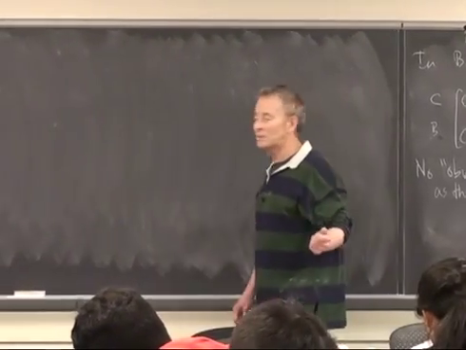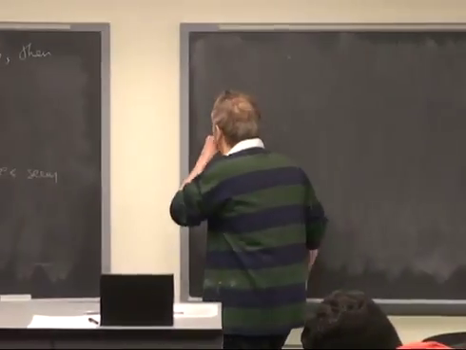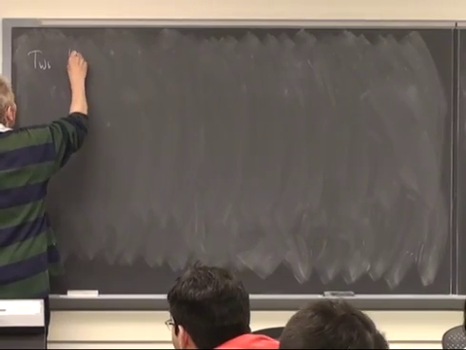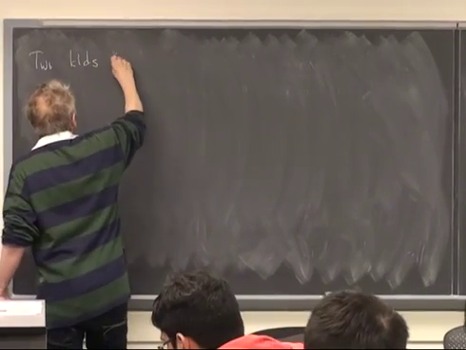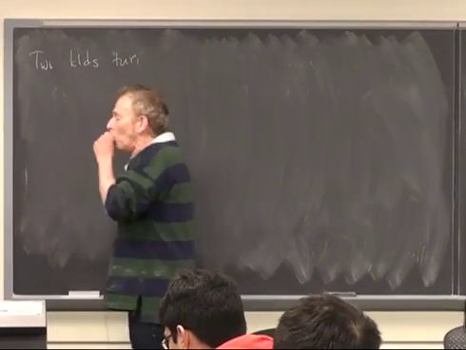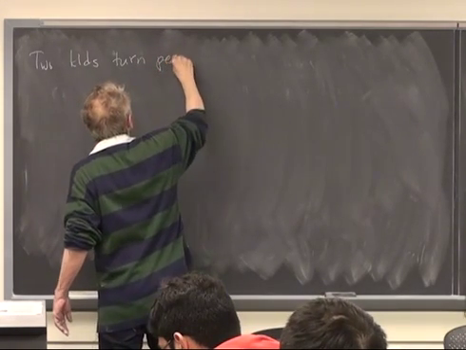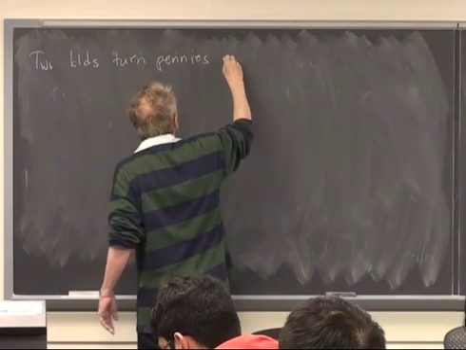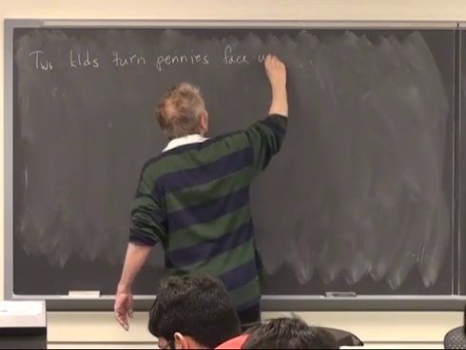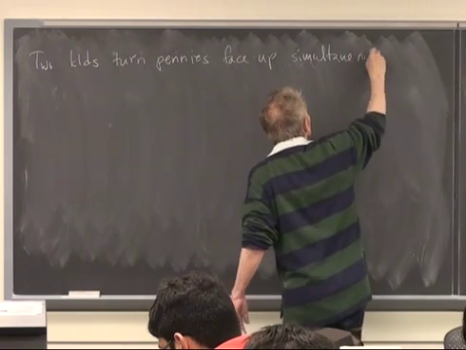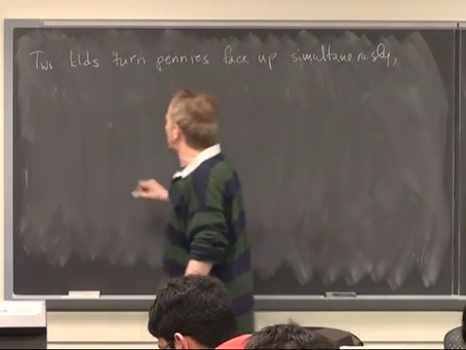Now if I'm kid 1, right? So this is 2 kids. Turn pennies face up simultaneously, either heads or tails.